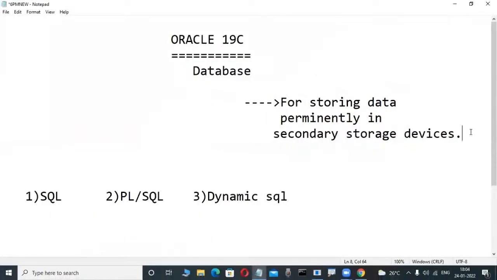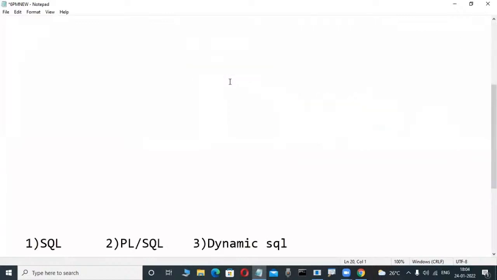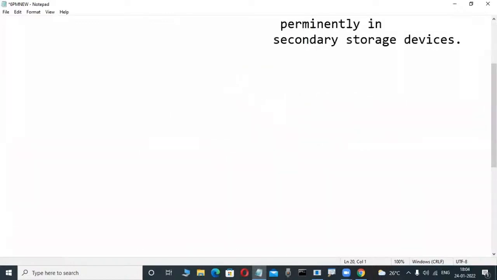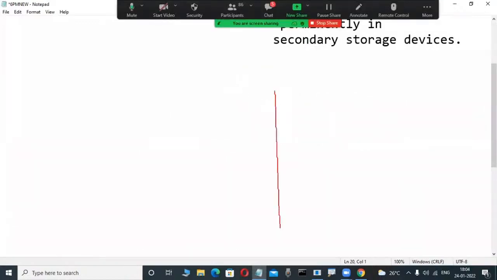As I told in previous classes, observe slowly: a database is a place. Whenever we install Oracle, SQL Server or DB2 in our system, automatically one place is created.